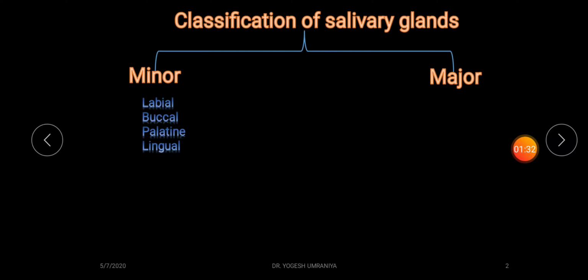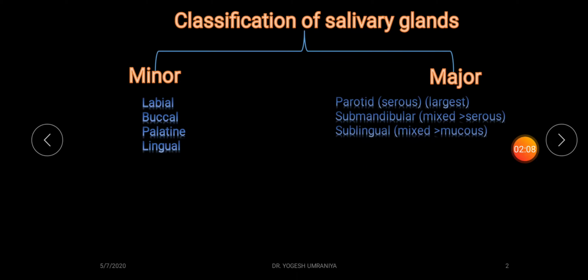Now in the major category you have three glands. First, the parotid gland, which is the largest salivary gland in the human, and according to its secretion it is serous. Next, the submandibular gland, which according to the secretion is classified as a mixed gland, but here the serous component is more as compared to the mucus.